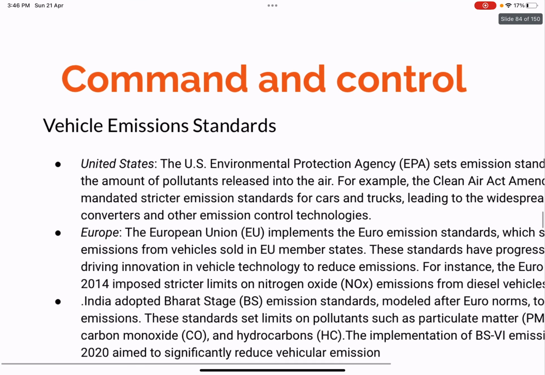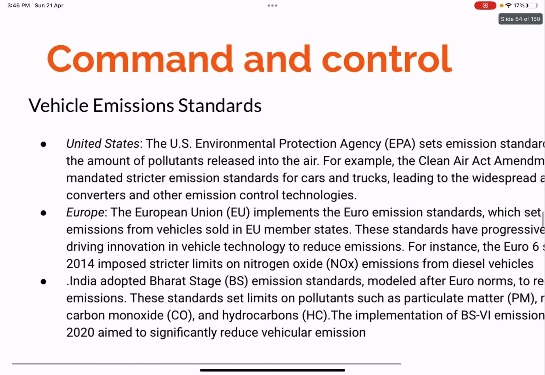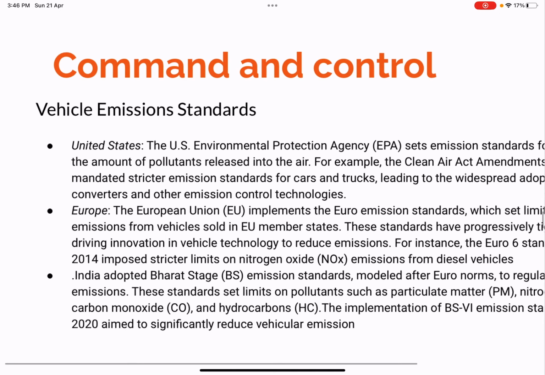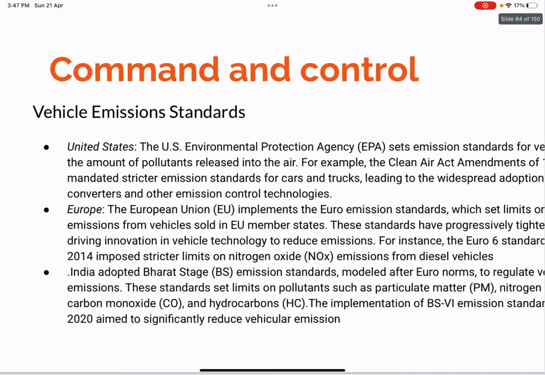As I was saying, there are many emission standards, and they are not followed by just one or two countries. Even the countries which are popularly known as market economy countries use these vehicle emission standards. In the United States, the Environmental Protection Agency, EPA, sets the emission standards for its vehicles.